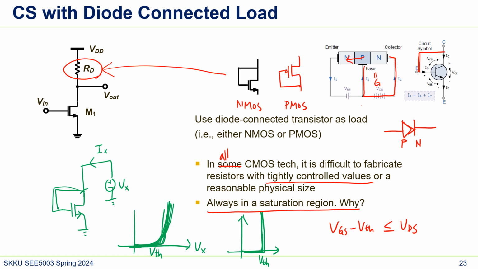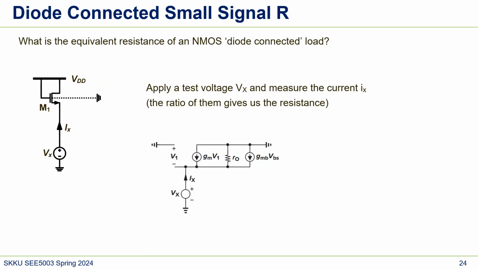So this condition is always satisfied, because if you just remove this, minus VTH is less than 0. So this is always in the saturation region. Even though the load is a diode-connected MOSFET, the way we calculate is the same.